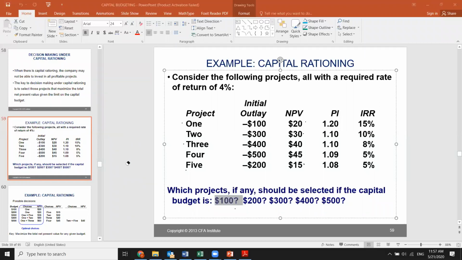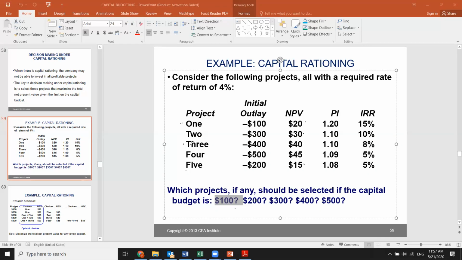Look, we said if we had $500, we would select 1 and 3. Yes? Or 1 and 2. They're both the same, but we will still have $100 left over. No. We shouldn't have any money left. We should use all of the money.